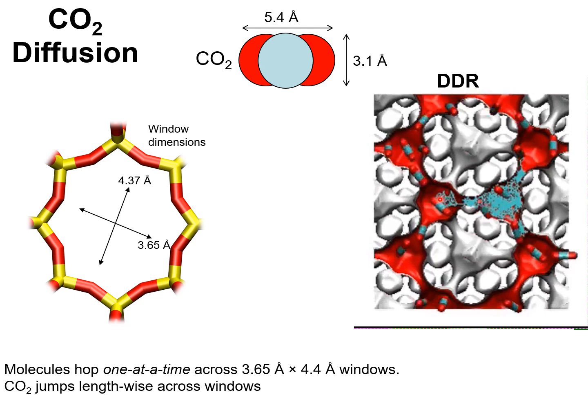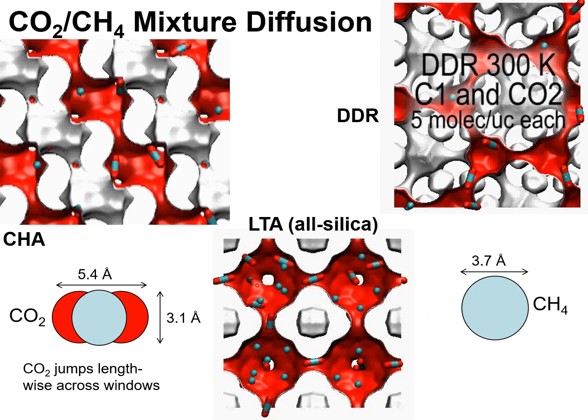So for the duration in which that CO2 molecule was tracked, it underwent intercage hopping successfully only once.